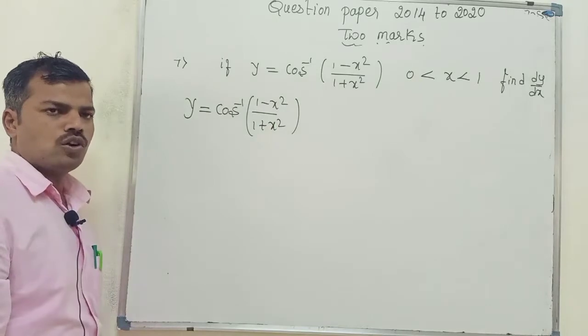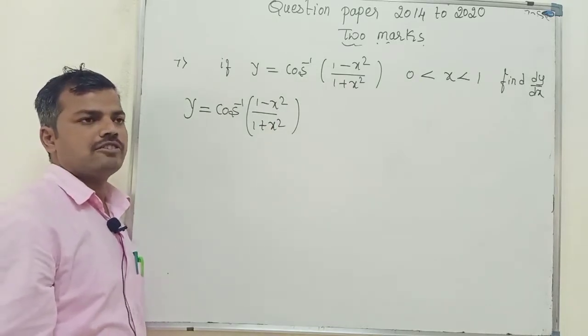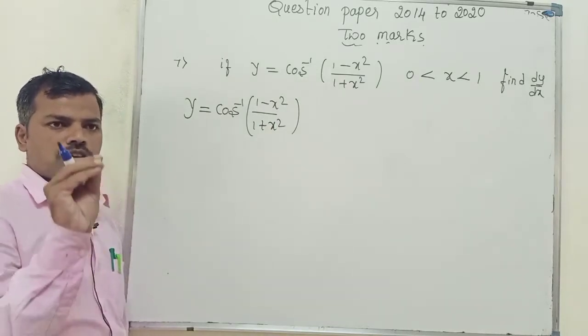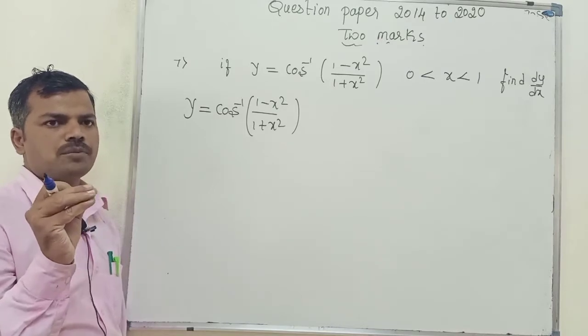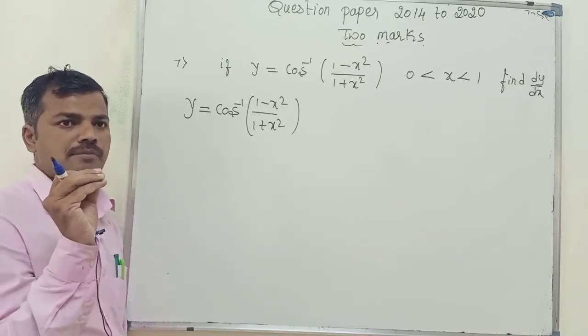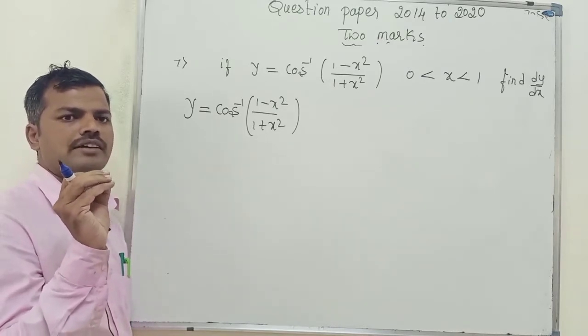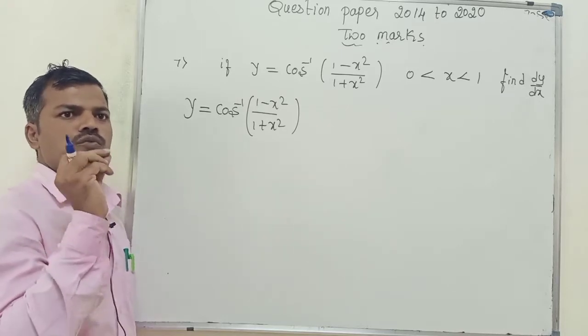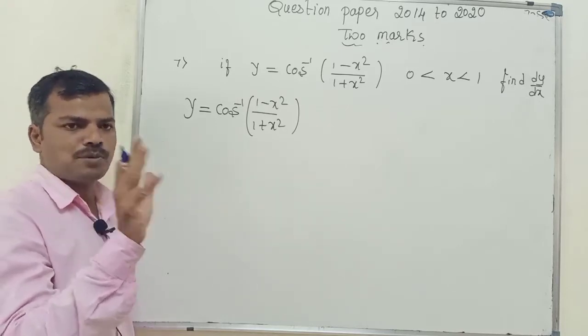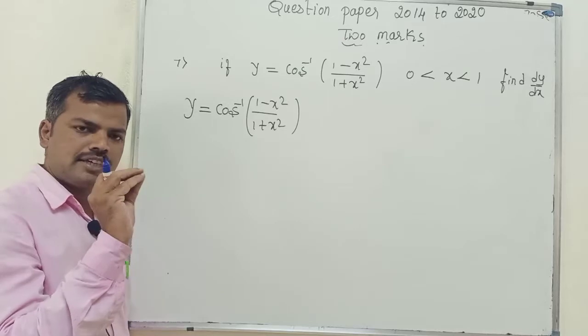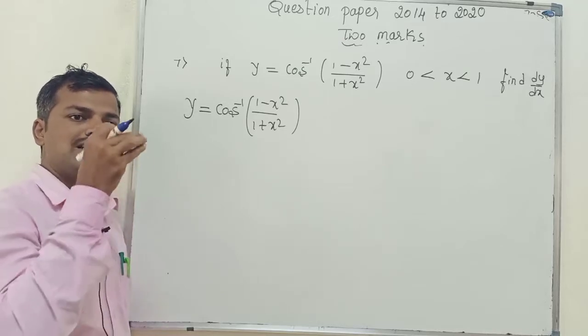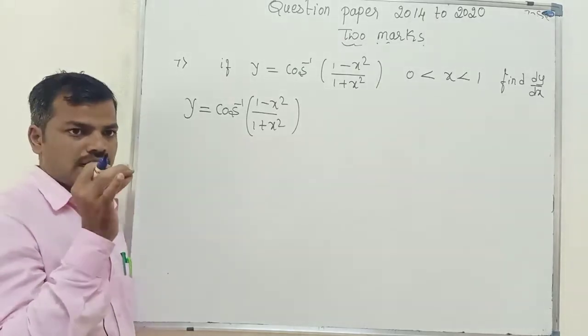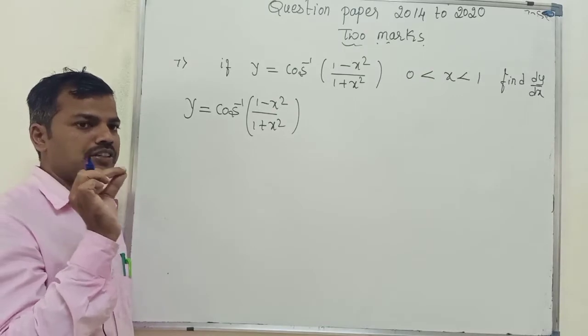So we have already known the formula in the inverse trigonometric function. Whenever you get an inverse trigonometric function, please remember all the trigonometric formulas. With the formula only we have to simplify it, and it will become very easy for us to find its derivative. So for that reason, it is better to use the trigonometric formula.